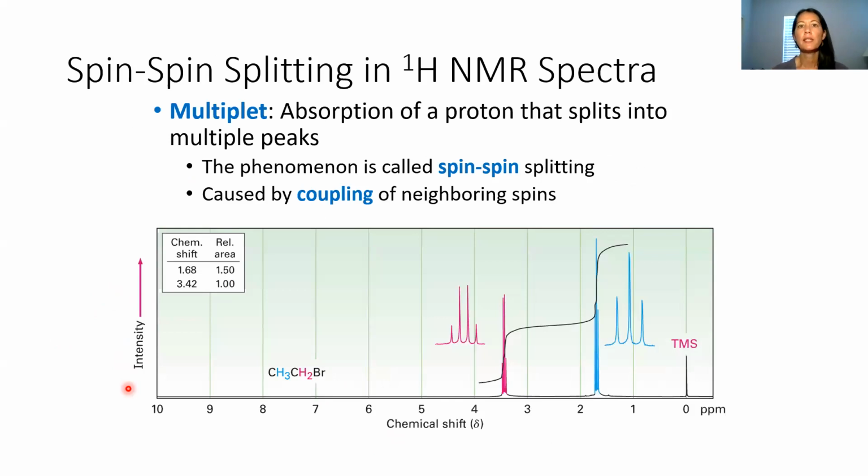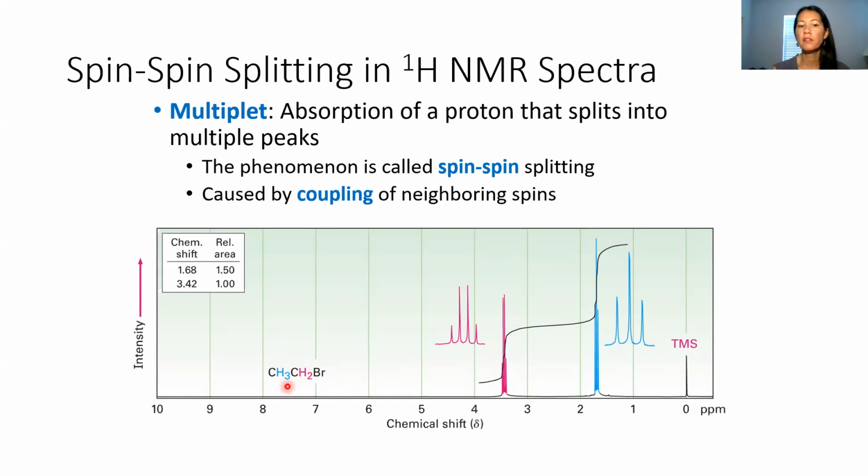So far you've only seen singlets, which are single lines as a peak, but sometimes we observe splitting patterns for our peaks. The reason is they're split by neighboring hydrogens. So if we look at bromoethane, it has a CH2 and a CH3. Focusing on the CH2 protons, we would expect a peak between 3 and 4, which we do, but we don't see a singlet.